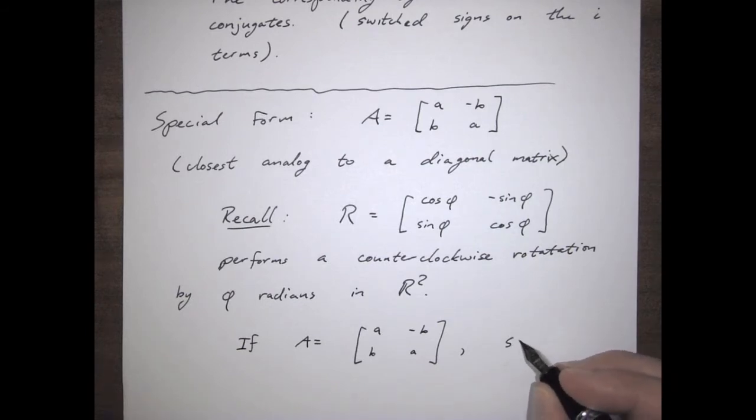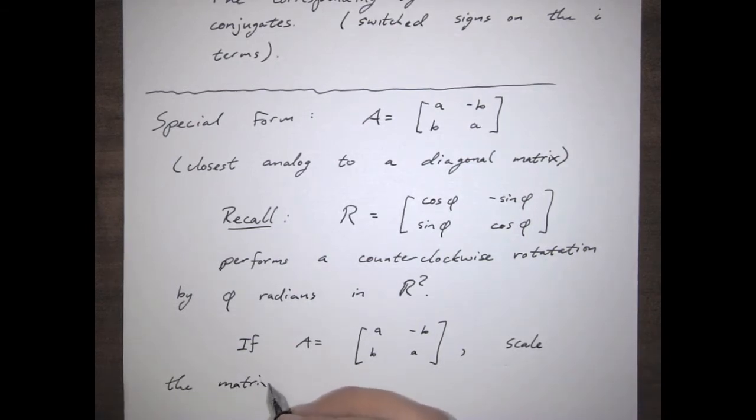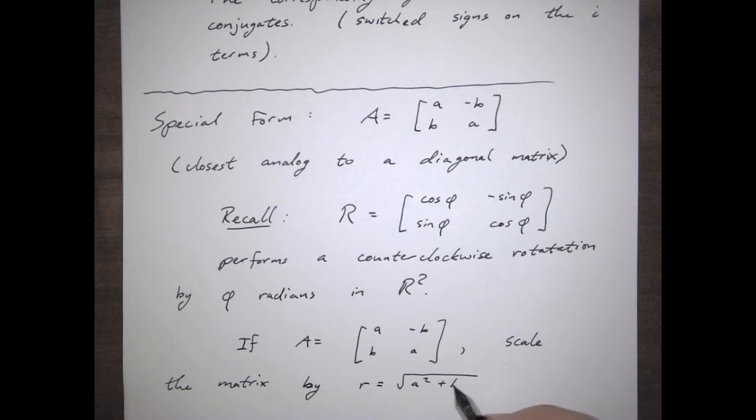So scale the matrix by r, which is going to equal the square root of a squared plus b squared.